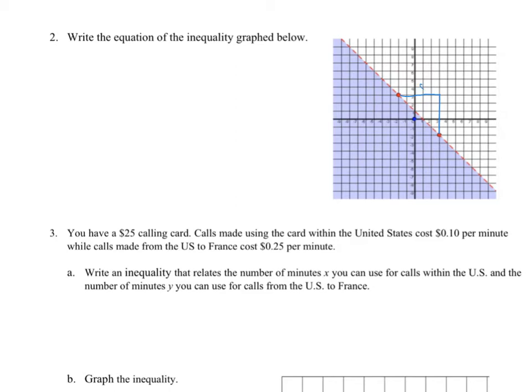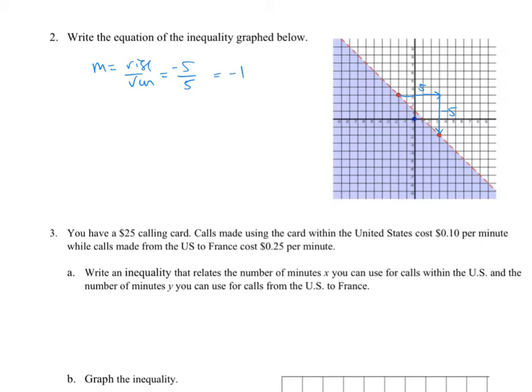Yep. So we've got a run of 5, and our rise would be -5 because we're going to the right and down. So my slope is rise over run, which is -5 over 5, or -1.